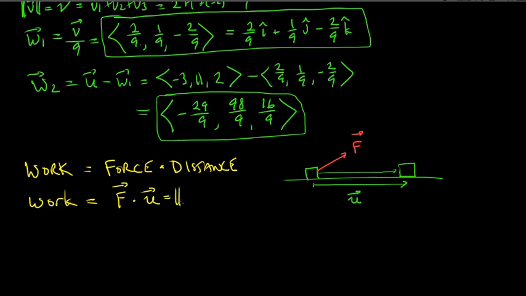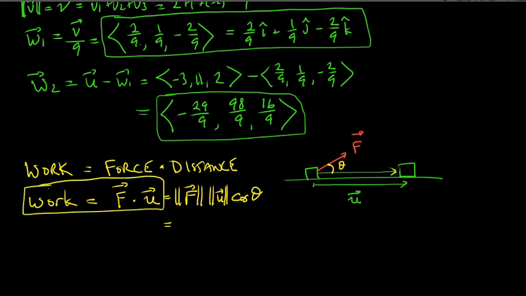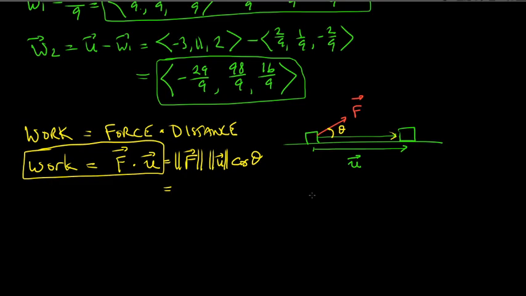So it's the magnitude of the force times the magnitude of the displacement, which is the distance here, times the cosine of the angle between the force and the displacement. If theta is 0, then cosine of 0 is 1, and you just get force times distance. But otherwise, if the force is not in the same direction as the displacement, you want to use the dot product of the two vectors.